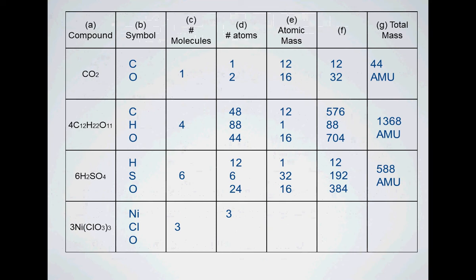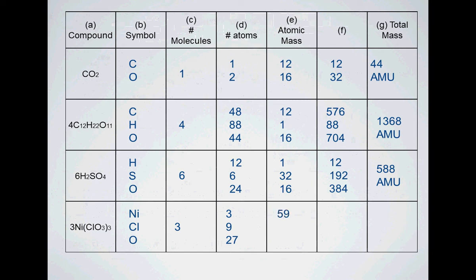What's the subscript? 1 inside, but what about this 3? That 3 also applies, times the number of molecules. So we have 9 chlorine atoms. How many oxygen atoms? 27. 3 inside the parentheses, times 3 outside the parentheses, times 3 molecules, the total is 27.